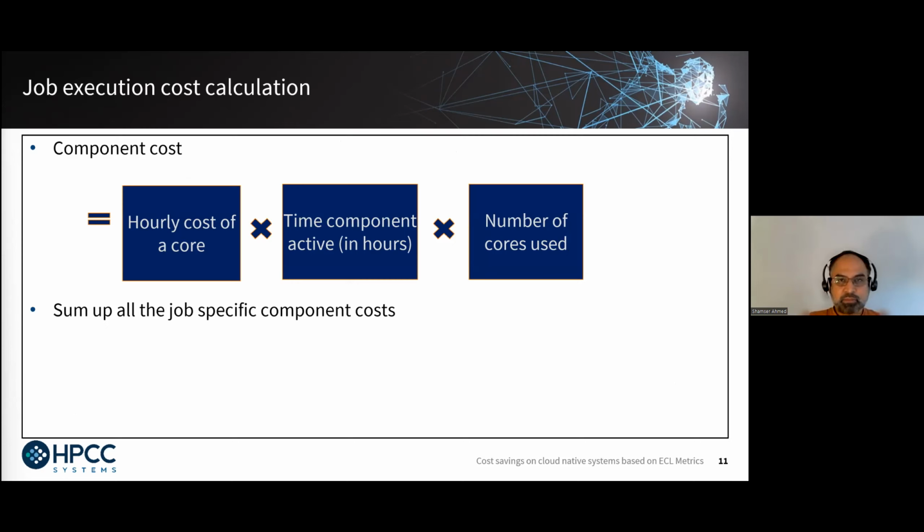So simply, HPCC job execution cost for a component is calculated by getting the hourly cost of a component, the time the component has been active, and the number of cores that that component uses. So we are using the number of cores to determine how much of the node the component uses. So if we sum all the active components, we get the job specific cost. However, there are some complications which we will come to.